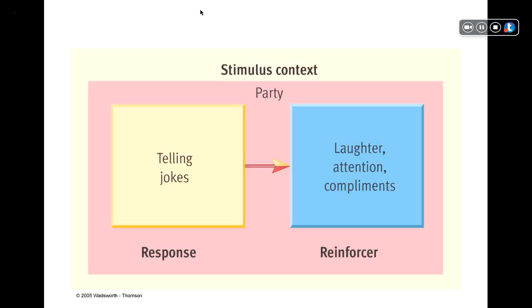That individual tells jokes. That's the behavior. The reinforcer would be the attention, the laughter, the compliments, and so forth for telling the joke. That's the reinforcer. In this case, it's a positive reinforcer. It's a reward. And the effect on the behavior, that is the joke-telling behavior, is that the probability of that behavior is now increased.